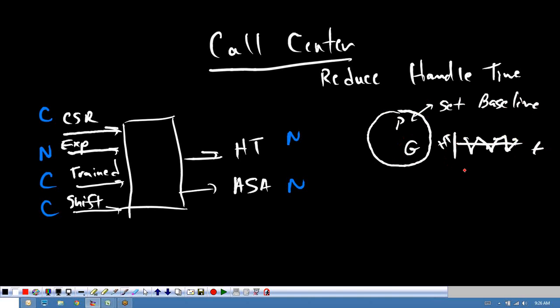Or another thing I might do is a capability analysis, as you'll find out, and look at the various handle times with respect to how well they do against a customer specification. I'll draw in that customer specification as a red line. Long handle times are bad, so this would be the percent bad that I've got in red there. That tells me something about what's called capability. And then finally, I might do some analytical where I calculate something.